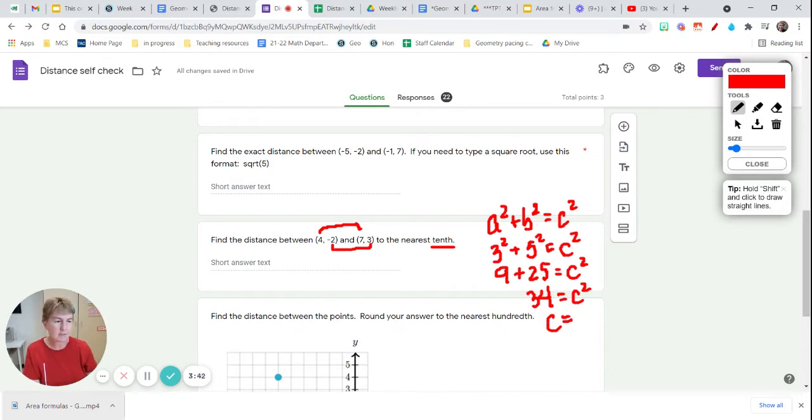So right now, I'll just write it off to the side here. If you can't see the calculator screen, it's 5.8309. It keeps going. There's my tenths place. So I take a peek next door. The 3 says, nope, keep it an 8. It's going to stay. So 5.8 is the correct answer, rounded to the nearest tenth.